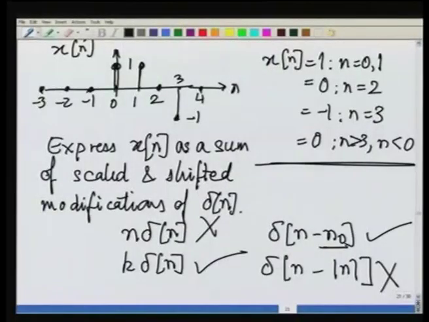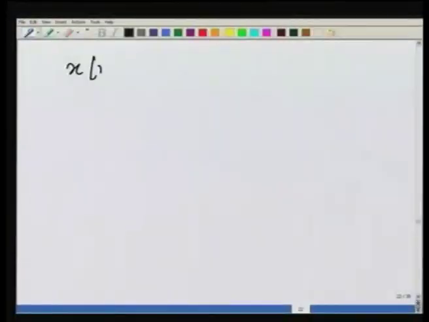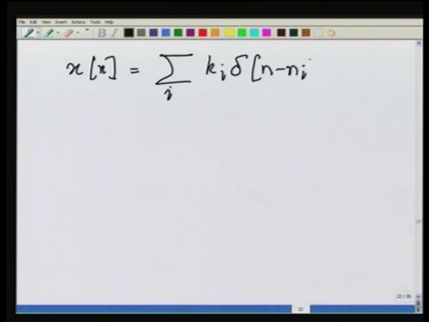You can shift only by a constant, by a fixed number, or you can scale by another fixed number. You can normally do both. So, we want x n to be expressed as a sum, say, over an index i of terms of the form k i delta n minus n i.